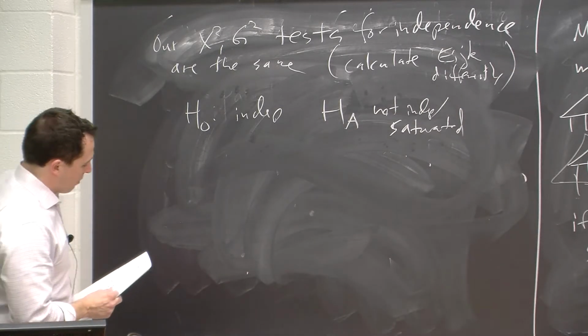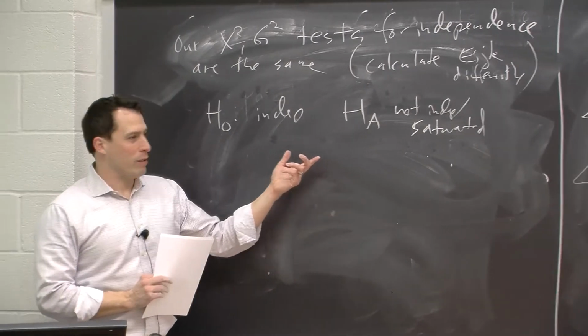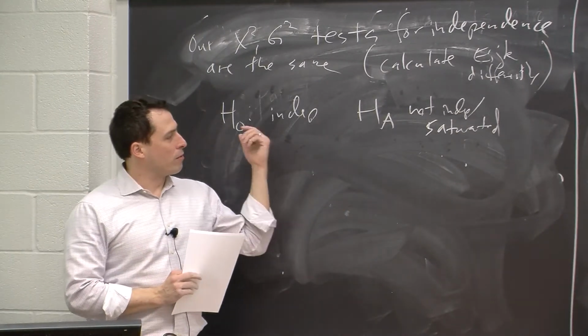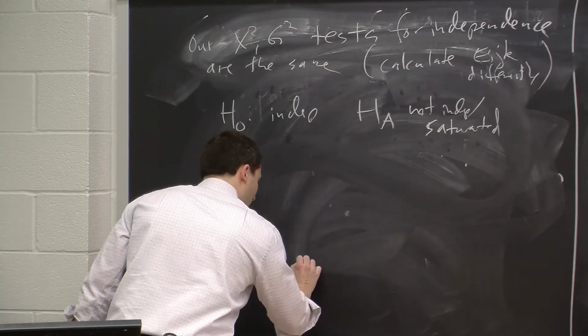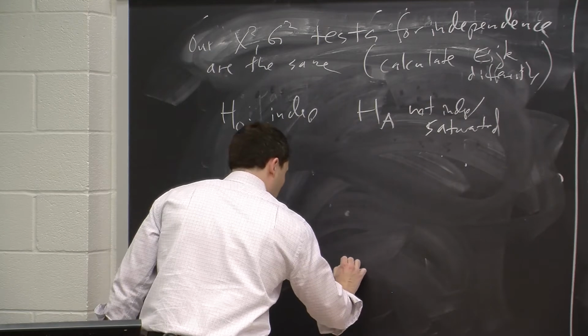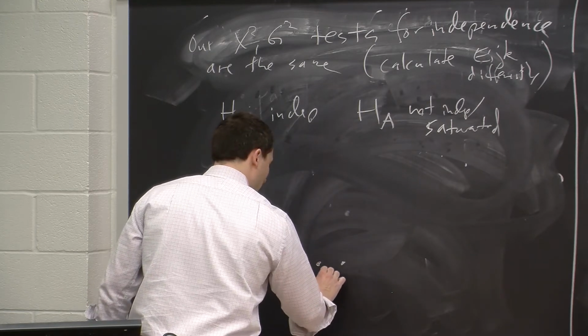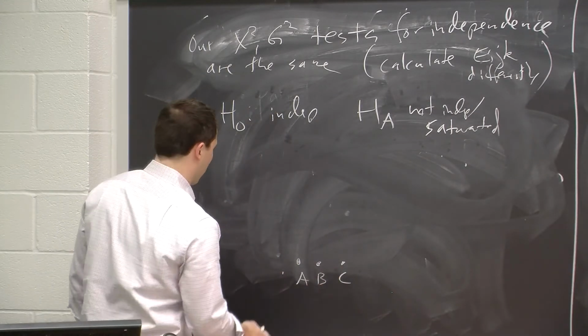But you can imagine doing this for more general inclusions. They weren't really an issue for 2x2 tables, but for 2x2x2 tables and above, there are more complex inclusions that can happen. If you think about this graph notation, which I have not fully explained yet, but which we'll get to, I have A, B, C, and I have a model on these three.